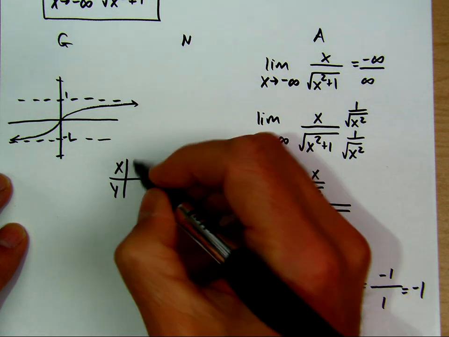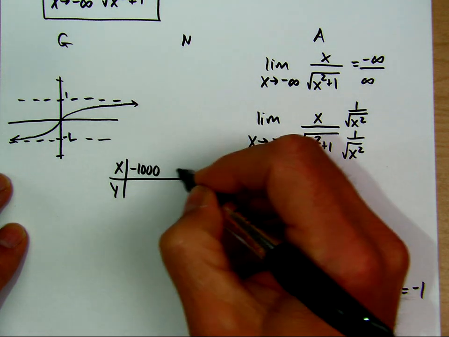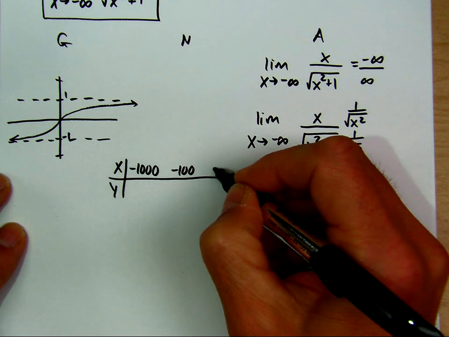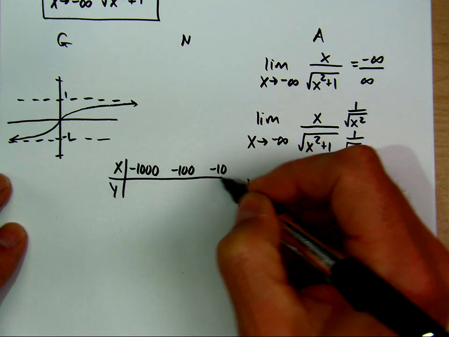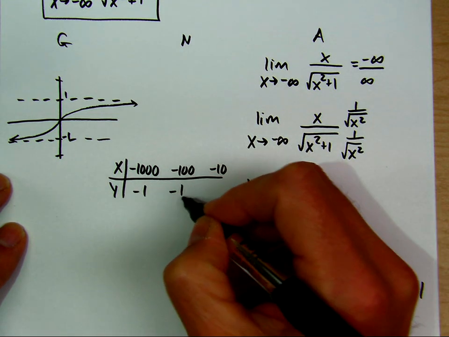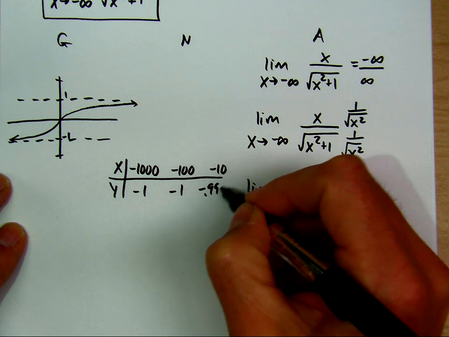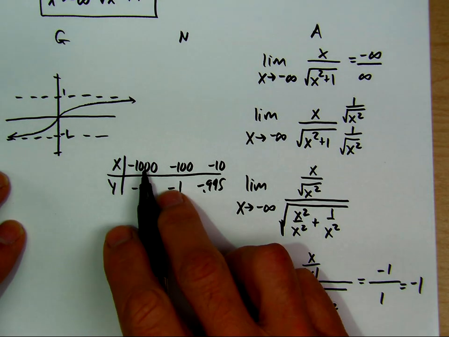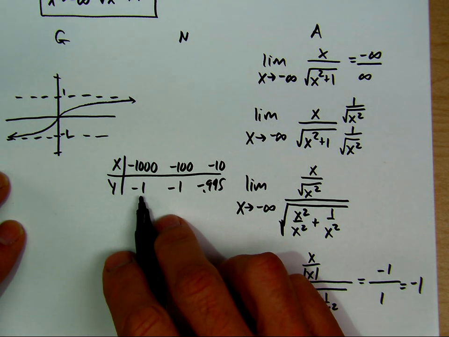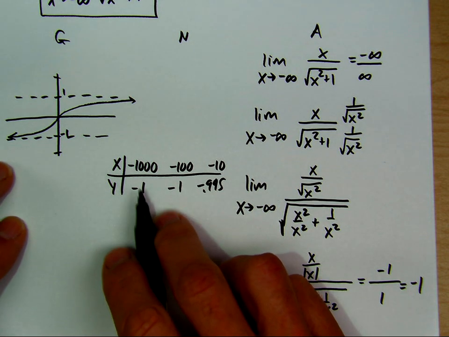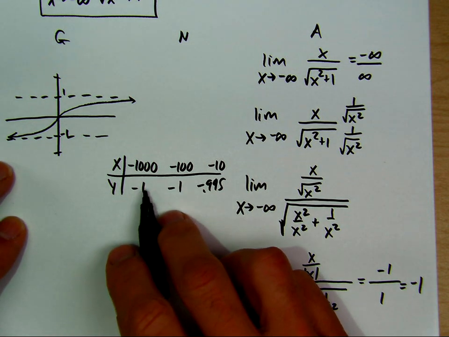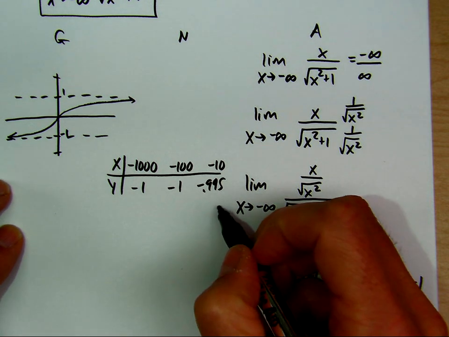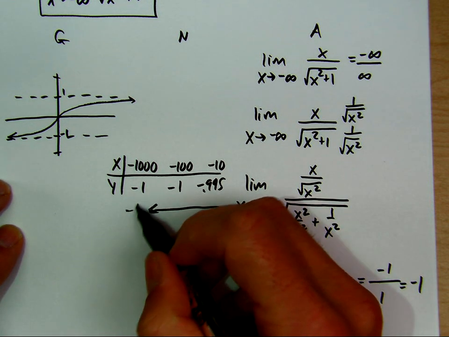We want to have numbers that are going left, and we know that the values are not exactly negative 1 because there's an asymptote, but on the calculator that's what it's giving us just because it's so close. We can see as we go to the left the y value approaches negative 1.